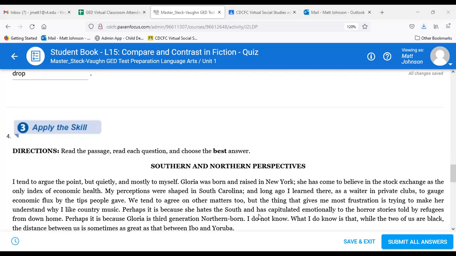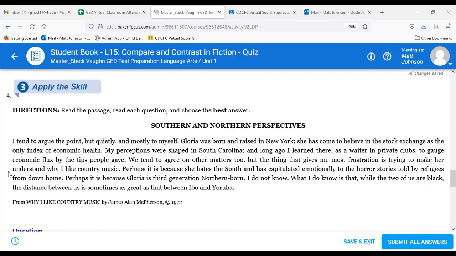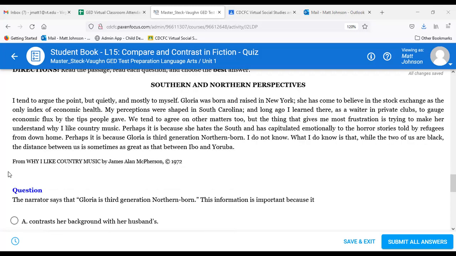We tend to agree on other matters too. But the thing that gives me most frustration is trying to make her understand why I like country music. Perhaps it is because she hates the South and has capitulated emotionally to the horror stories told by refugees from down home. Perhaps it is because Gloria is third generation northern born. I do not know. What I know is that while the two of us are Black, the distance between us is sometimes as great as that between Igbo and Yoruba.